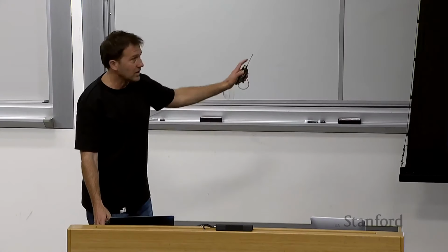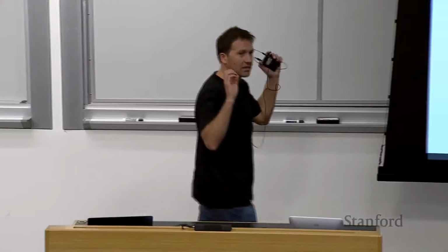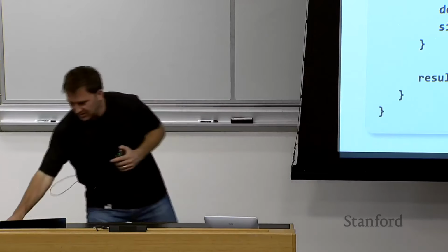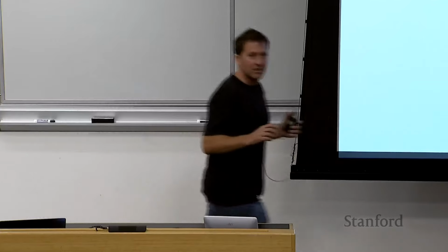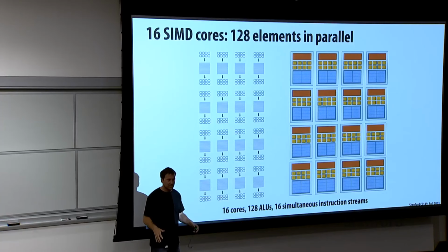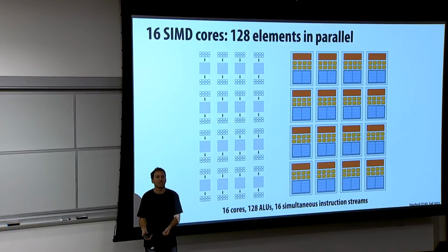This was a pretty big intellectual change. This is a good time to raise your hand if you can't mentally think through what's going on here. I have 16 threads running on a 16-core chip, and the instruction streams contain instructions that are processing 8-wide vectors.